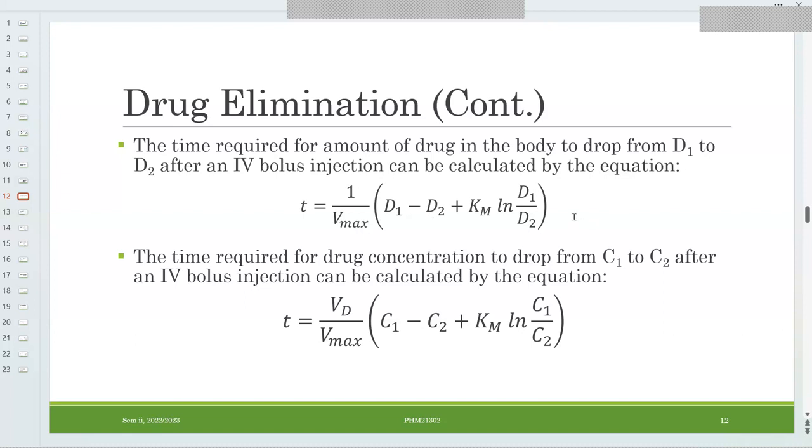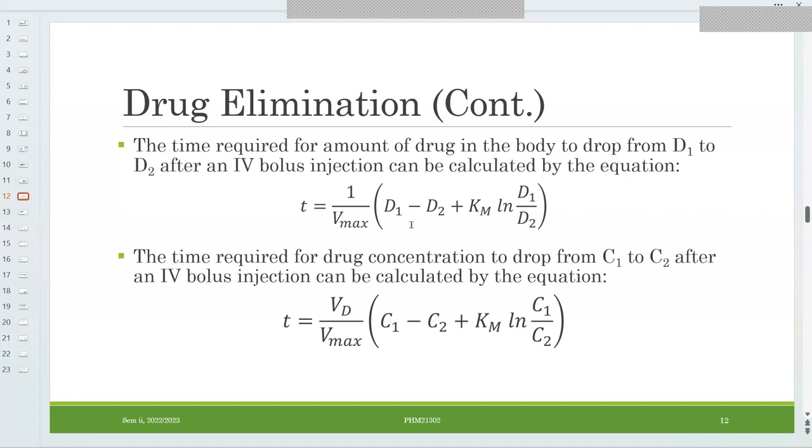In linear pharmacokinetics, the time depends only on the ratio between the doses, or the ratio between the concentrations achieved, divided by K. But here, the difference between them is there in the term. So it becomes also dose dependent. Okay? And you divide all by Vd.